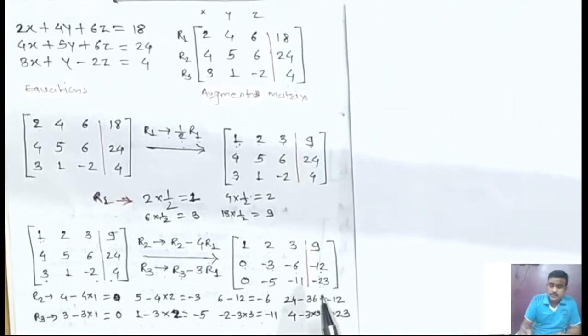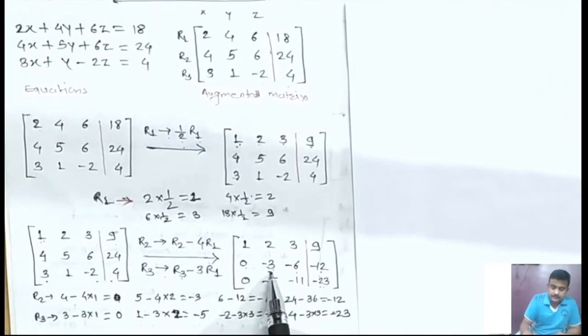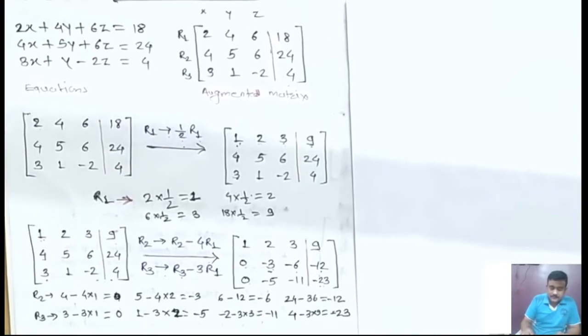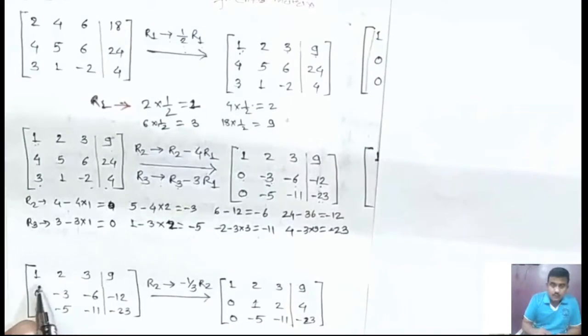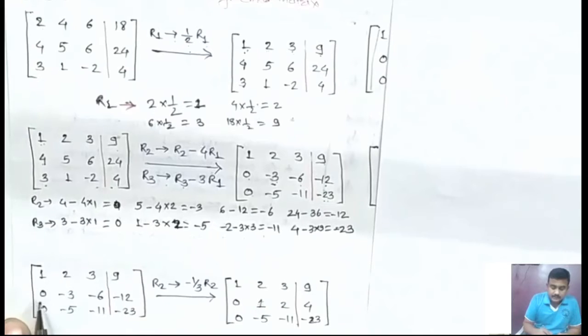Now again we will perform row transformations so that at this position we need 1. So the row transformation will be like this. Our matrix is 1, 2, 3, 9, 0, minus 3, minus 6, minus 12, 0, minus 5, minus 11, minus 23.